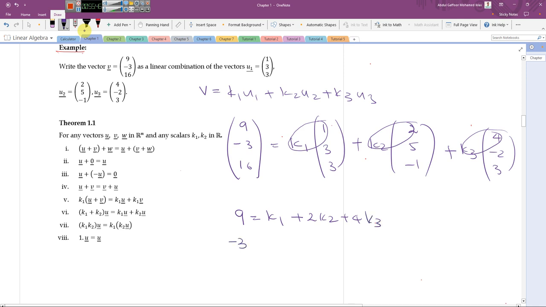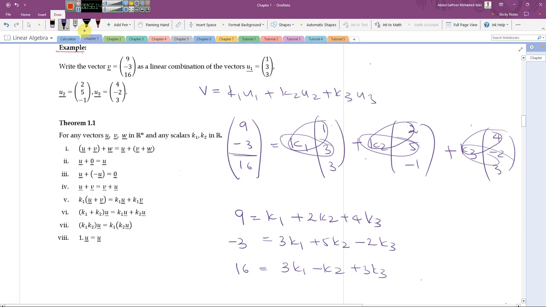Again, -3 is the y component, so -3 is equal to 3k1 plus 5k2 minus 2k3. Then the z component, 16, is equal to 3k1 minus k2 plus 3k3.